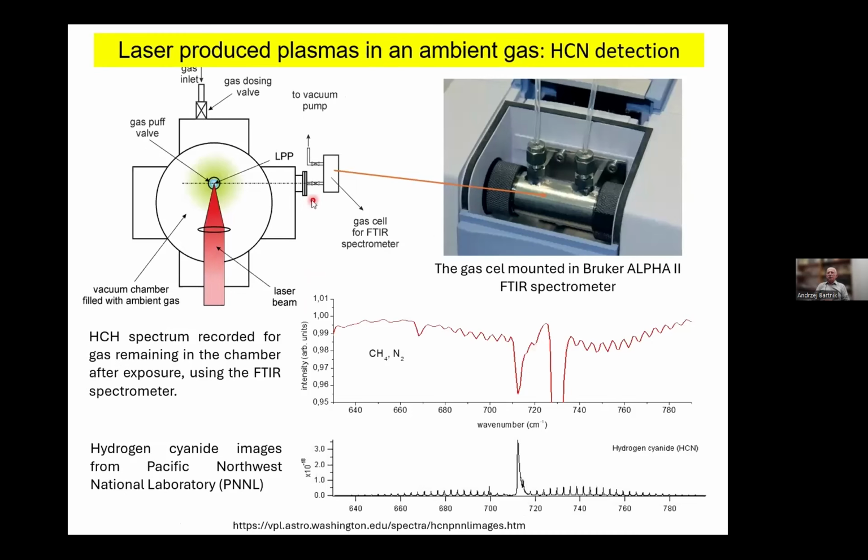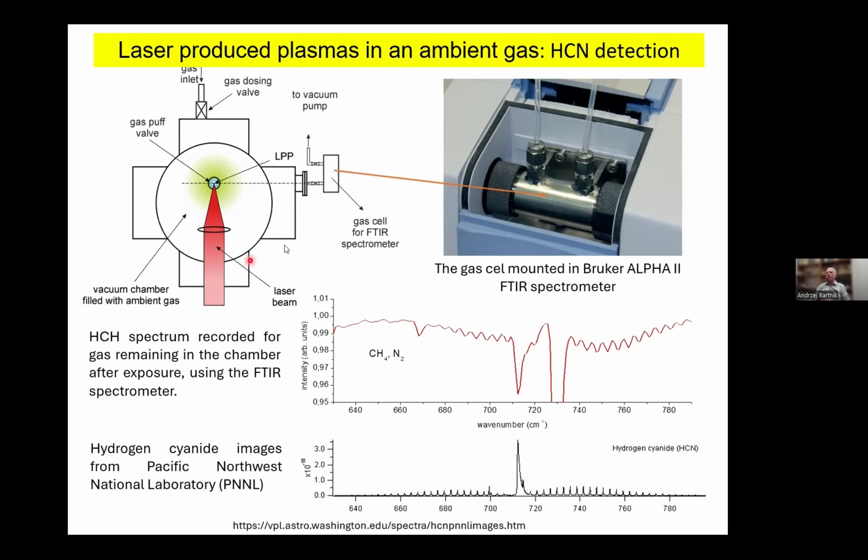In principle, after multiple shots in such a system with ambient gas, we can take a small sample of this gas to a special cell, which is dedicated for measurements in an infrared spectrometer.